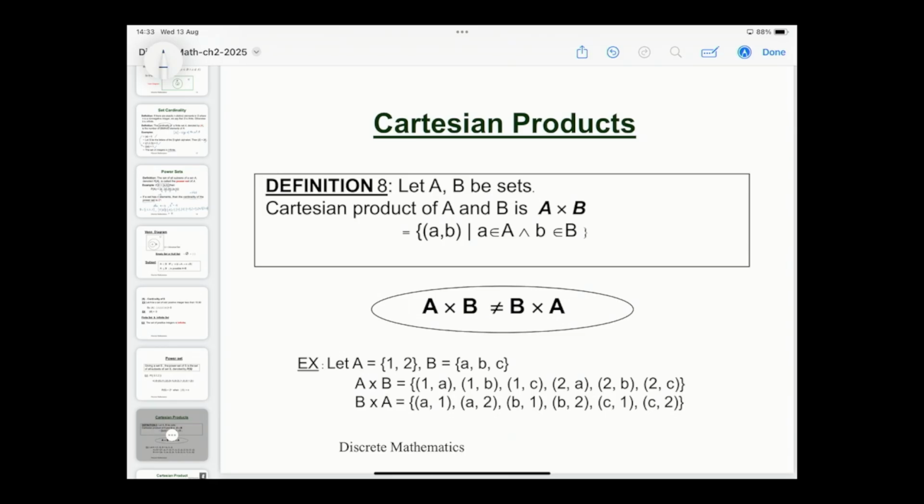Starting with the definition, when we have 2 sets A and B, then the Cartesian product of A and B, we represent it this way.